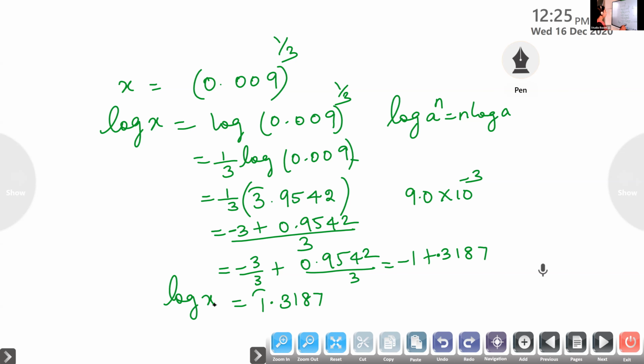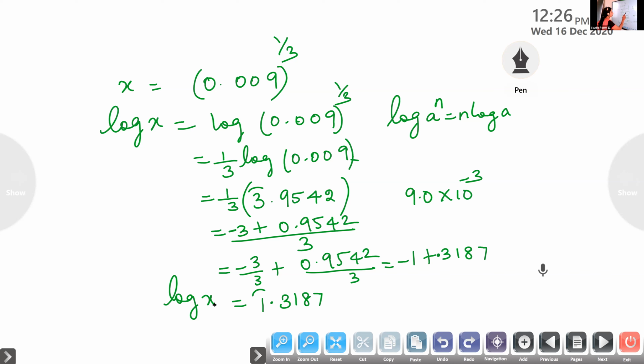Yes, ma'am. I'll explain it once again, children. Our aim is to find 0.009 whole raised to 1 by 3. To take the cube root, first you name it x and take log on both sides. Log of a raised to n is n log a, so 1 by 3 log 0.009. In standard form it is 9.0 into 10 raised to minus 3, so the characteristic is 3 bar.